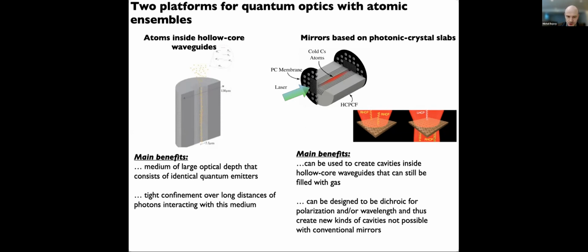These mirrors are also interesting because they can be designed to be dichroic for either polarization or wavelength. So you can now create new types of cavities that are not possible with conventional metallic or Bragg mirrors.